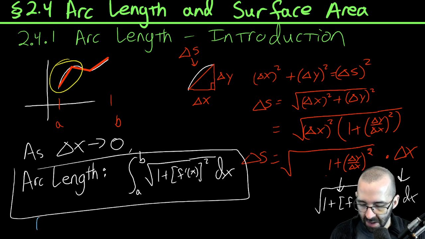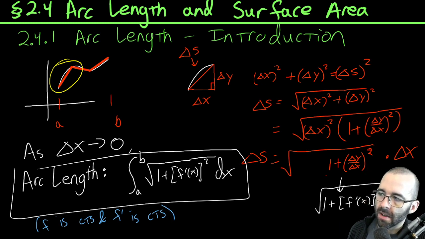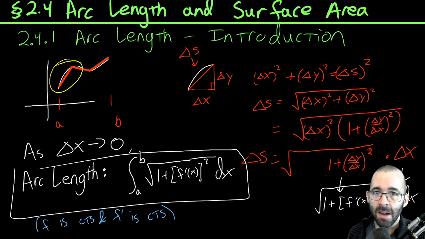And again, if you really want the assumptions, we need f to be smooth here, so f is continuous and f prime is continuous. So all this is using the Pythagorean theorem and the slope formula, adding them all up, that's an integral. That's a Riemann sum. That's where this formula comes from.